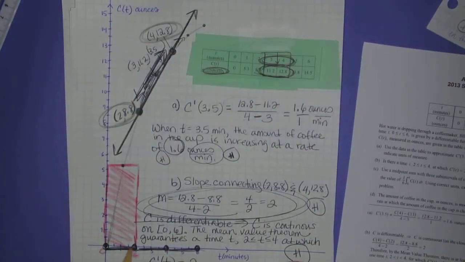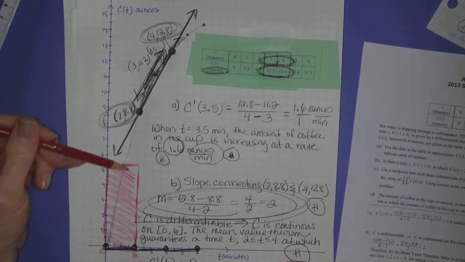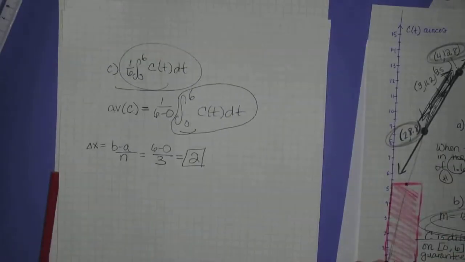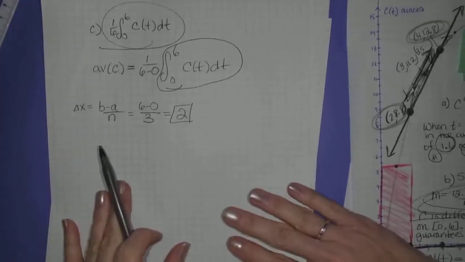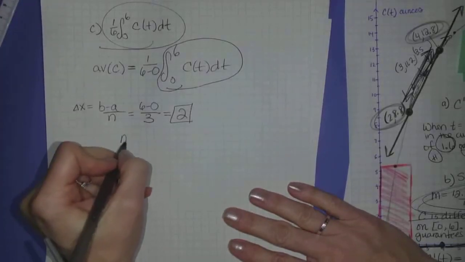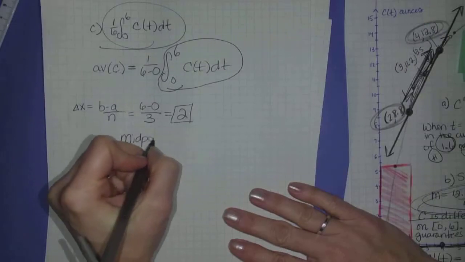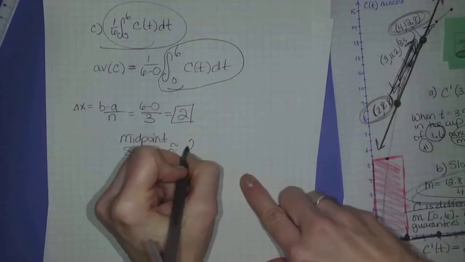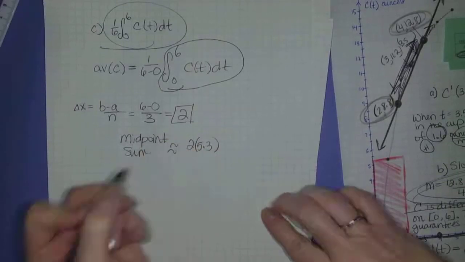It's going to be a 2 by 5.3 rectangle. So where am I here? So my first rectangle, so my midpoint sum is approximately a 2 by 5.3.